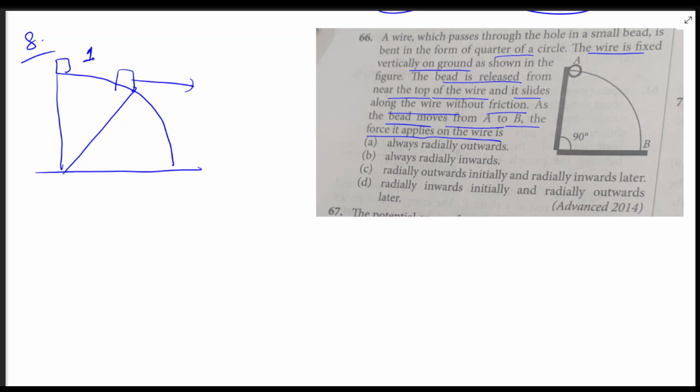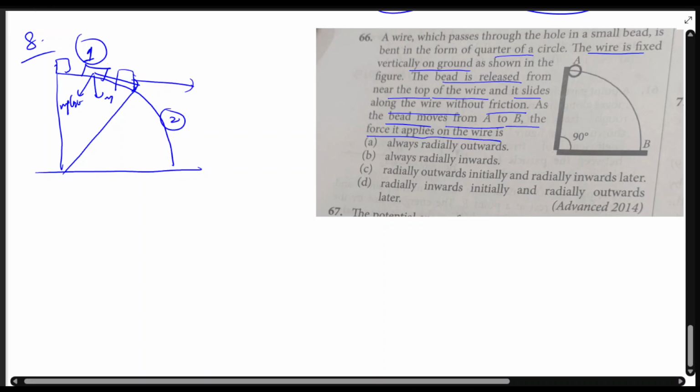This is our situation one, this is our situation two. So I'm splitting it into two situations. In the first situation, if it remains in contact, then mg will be here, and here will be mg cos theta. Here will be, let me rub it.